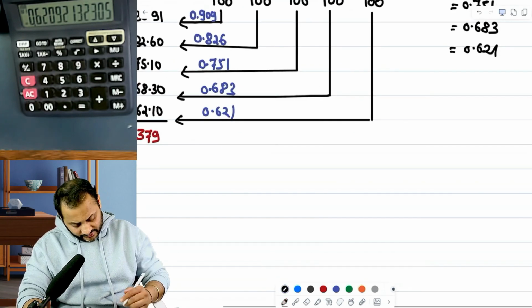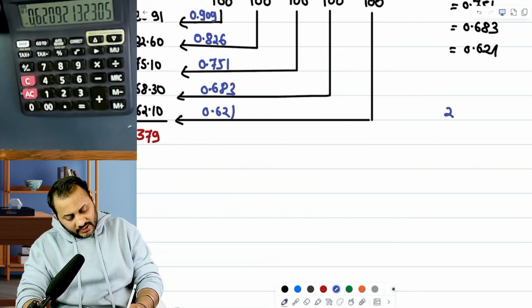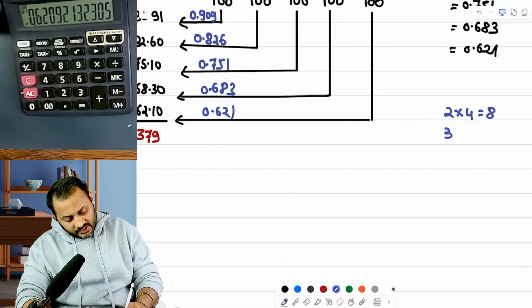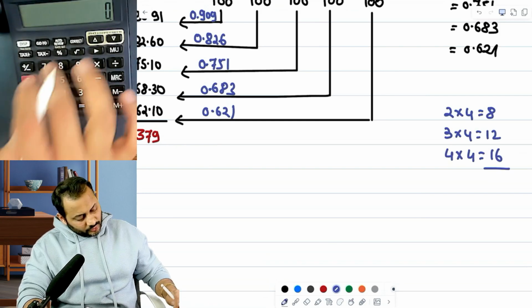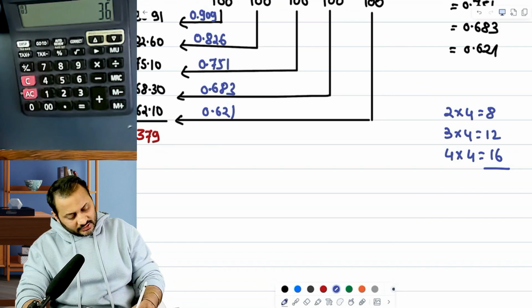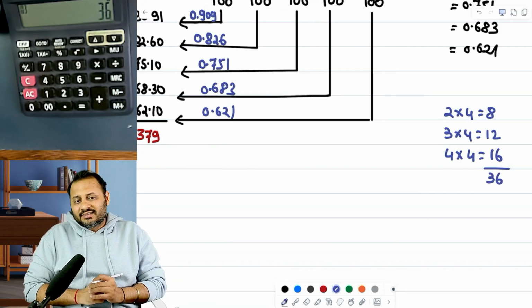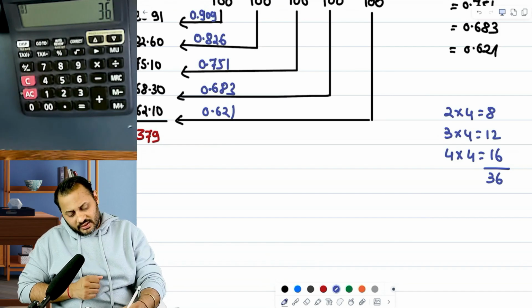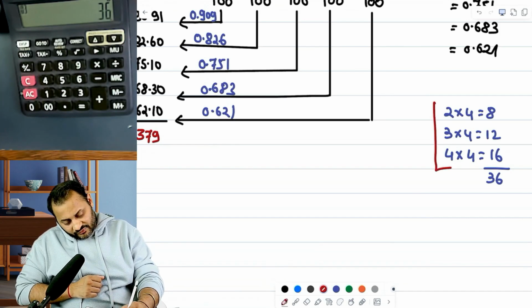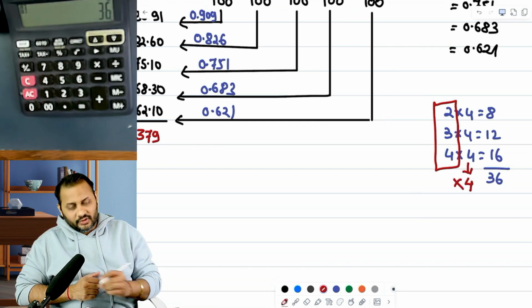Let me just prove it first. When I multiply 2 with 4, I will get 8. When I multiply 3 with 4, I will get 12. When I multiply 4 with 4, I will get 16. If I do the total of it, it's nothing but 36. But I would have arrived at this 36 by just adding the variables and keeping this 4 one time only.